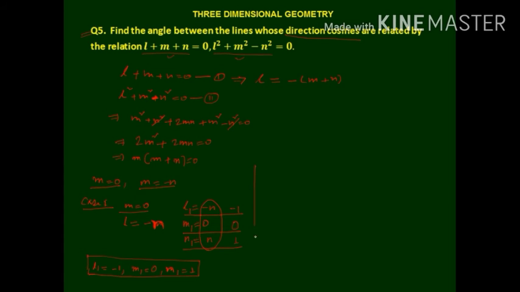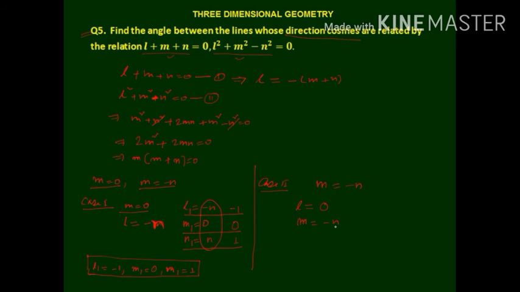Now let's discuss case 2. Case 2 gives you M equal to minus N. So what is L equal to? You put M equal to minus N, so L will be equal to 0.